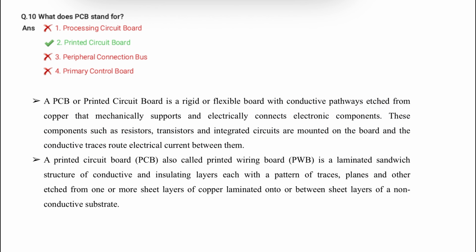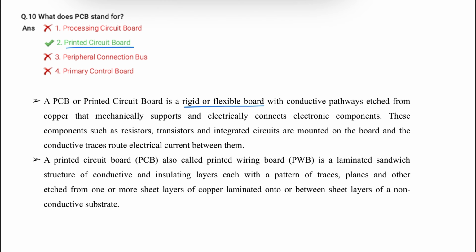Question number 10. PCB stands for printed circuit board. A PCB is a rigid or flexible board with conductive pathways etched from copper that mechanically supports and electronically connects electronic components.